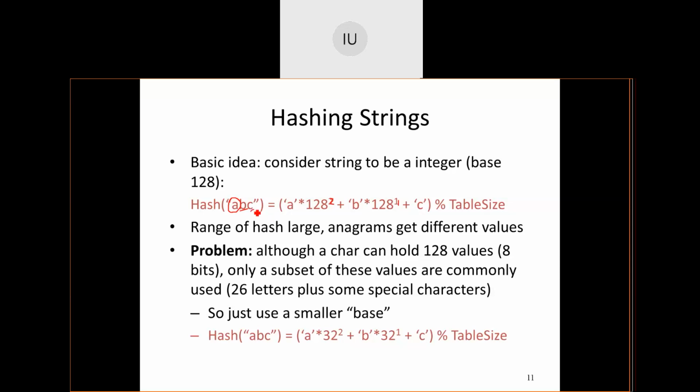C is at position 0, so the power 0 is taken. This is one solution. Or you can have a base reduced to 32: 32 to the power 2, 32 to the power 1, and 32 to the power 0. Whatever sum total I get, to that you apply the table size. So you can have many solutions to it.